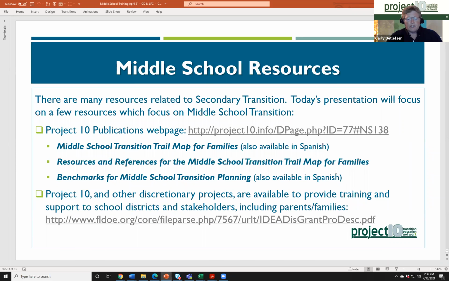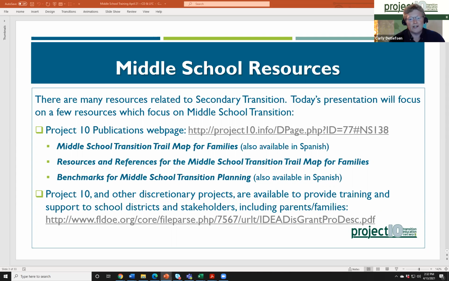So here are some resources that are available that accompany the training. Many of you are familiar with our secondary transition roadmap for families. That was an extremely popular product when it came out that really helped families navigate that transition planning process for our students 14 and up. So instead of having a roadmap, since our middle school students don't drive, hopefully they're not old enough to drive, we developed what we call the trail map.